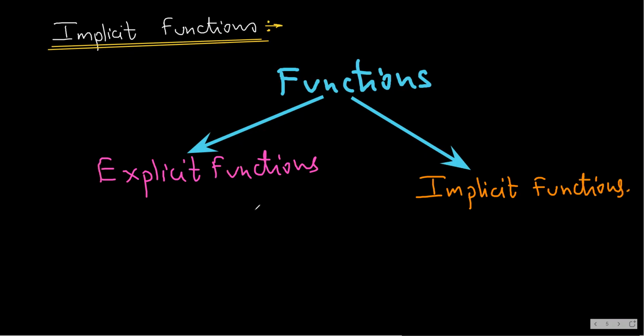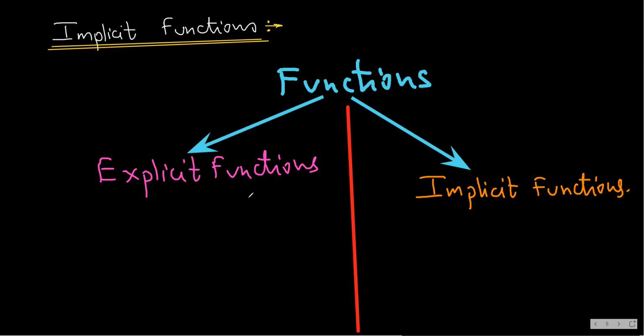Now, how do you know which one is an implicit function and which is an explicit function? For that, I will give you the complete detailed definition. Here I will define both the functions for you. Let me begin with the definition of explicit function.